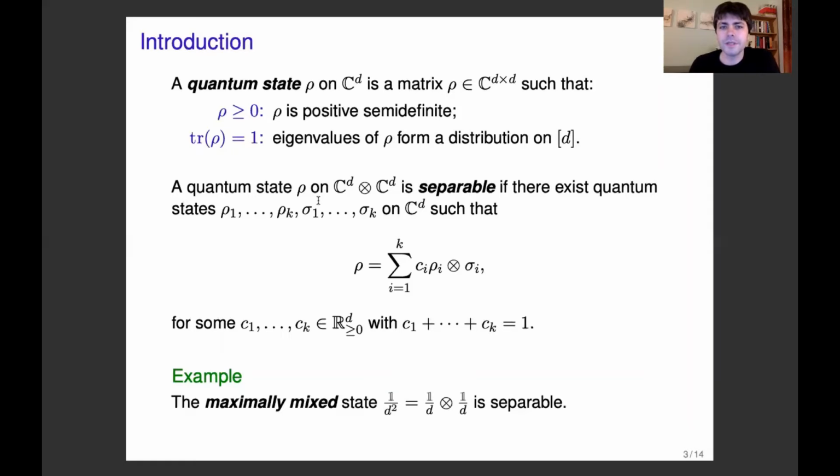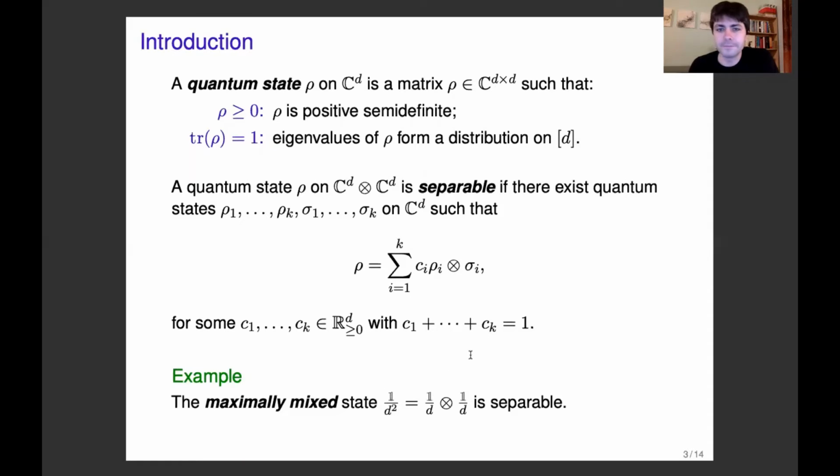Now a quantum state on C^d tensor C^d, the quantum equivalent of omega, is said to be separable if it can be written as a convex combination of products of quantum states.